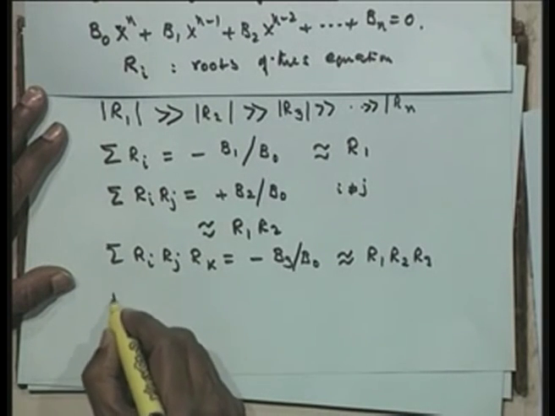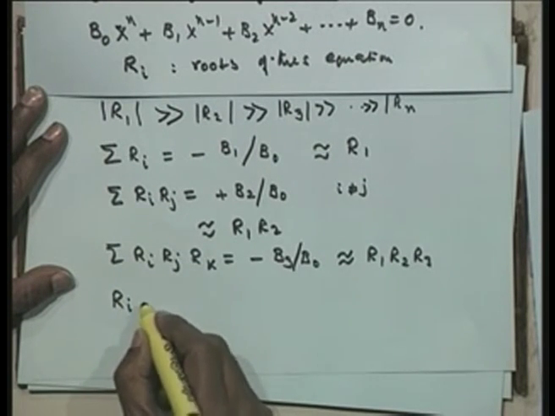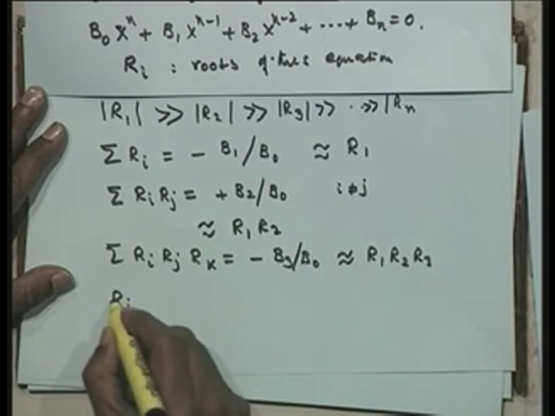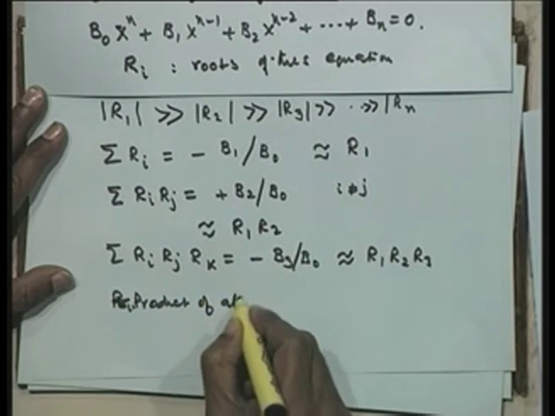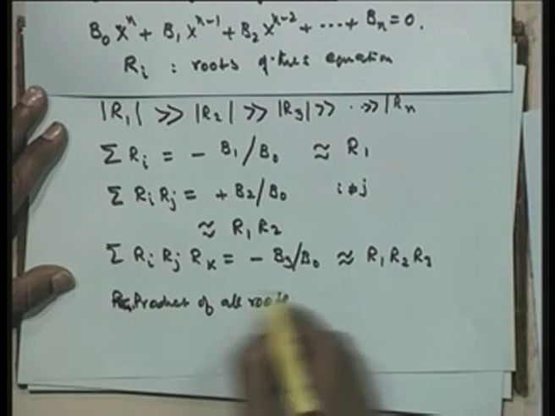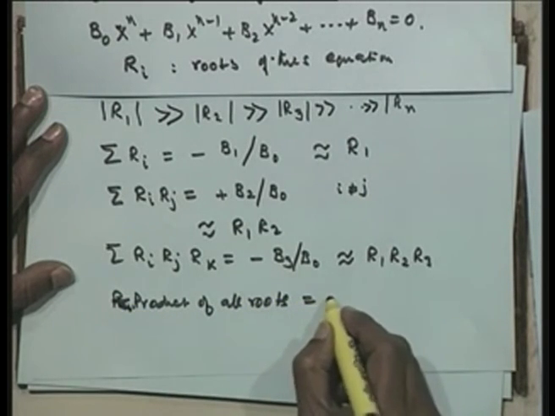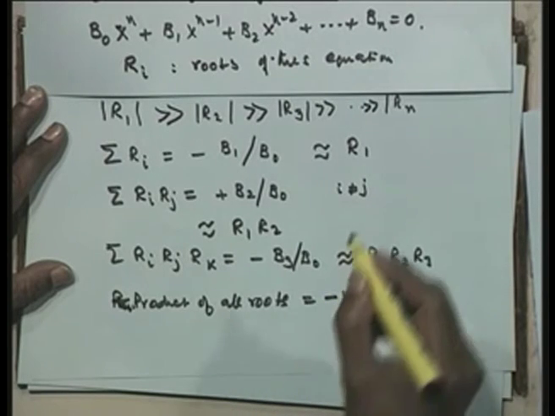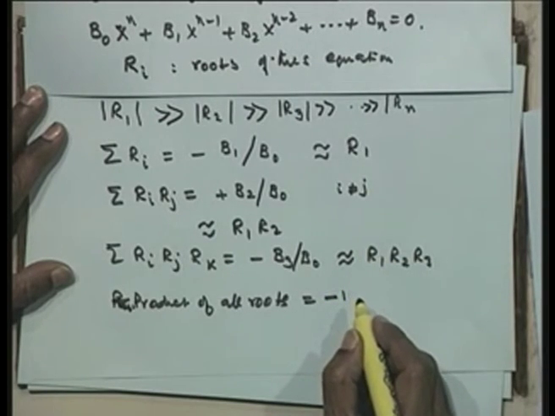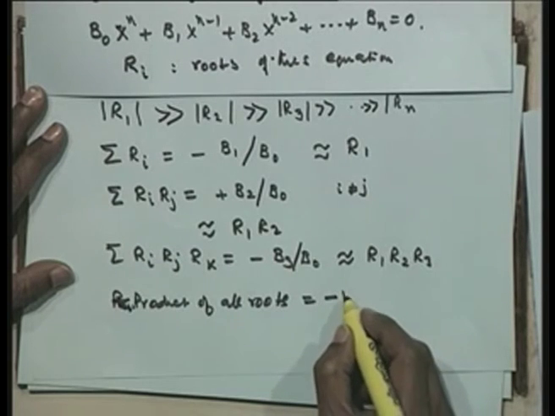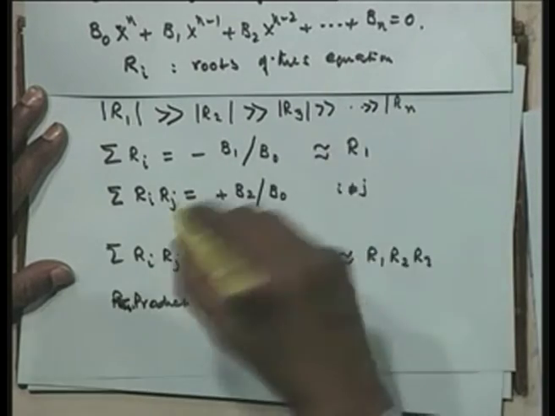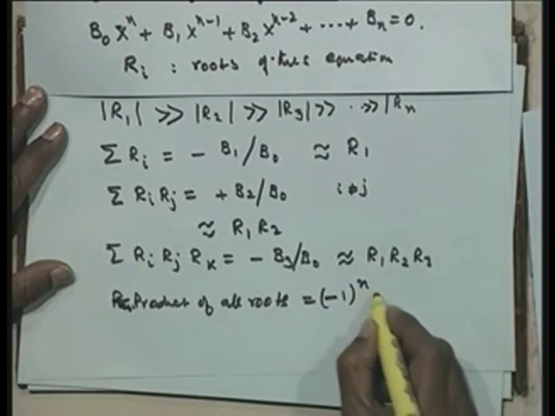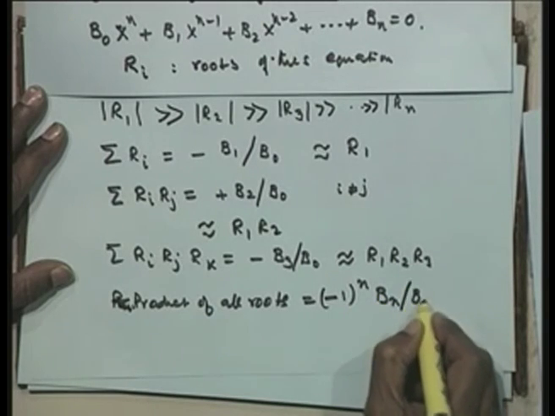The last one will be the product of all the roots, which is equal to minus 1 to the power of n, bn divided by b naught. We have to insert a suitable sign, depending on whether it is an even or odd polynomial.